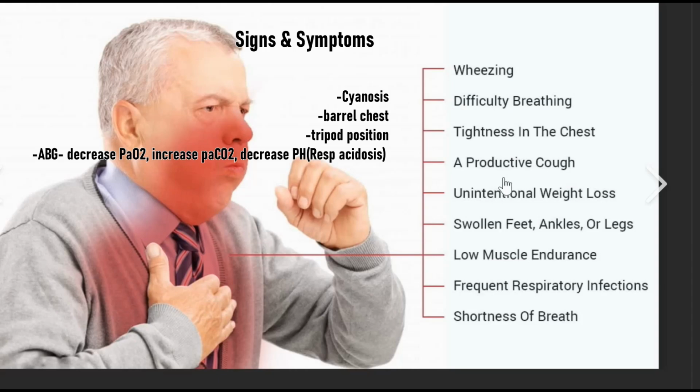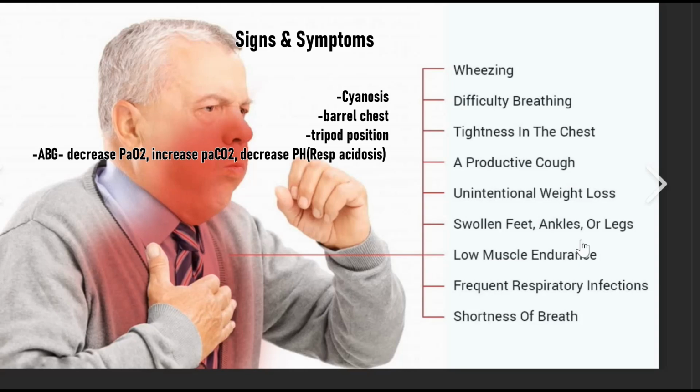Usually the cough may be productive, as is seen in chronic bronchitis, or may be dry. Along with this, there is cyanosis of the lips, mucous membrane, and nail bed, barrel chest, and tripod position, that is, the patient leans forward to breathe. Weight loss due to inadequate nutrition, and swelling, all secondary to the complications of COPD.